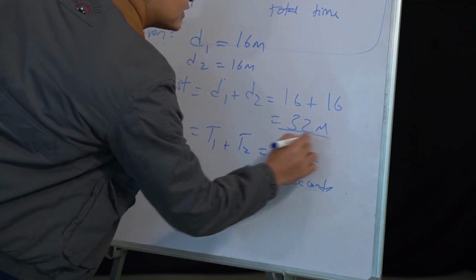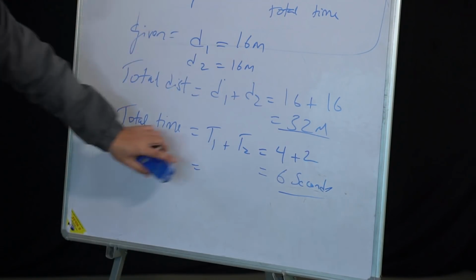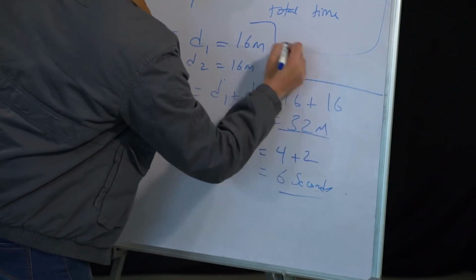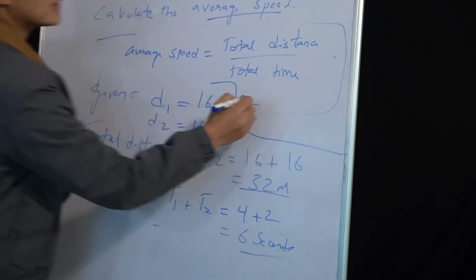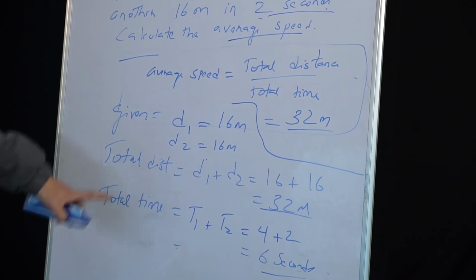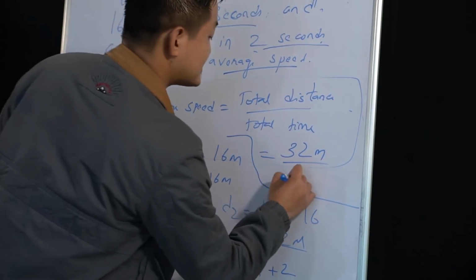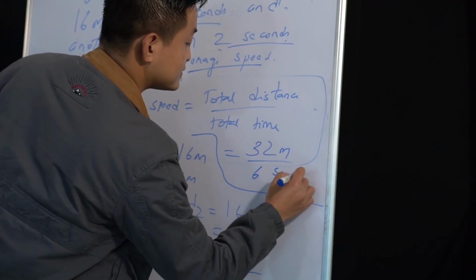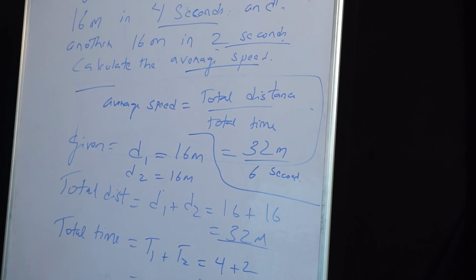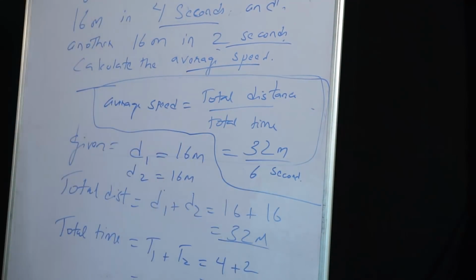We'll substitute this total distance and total time in the average speed formula. The total distance we got is 32 meter, and the total time is 6 seconds. Clear? Students, you can just leave it like this. So this is how we calculate the average speed.